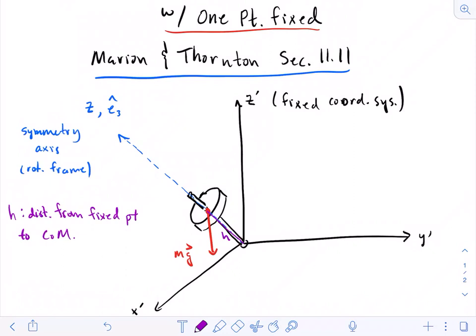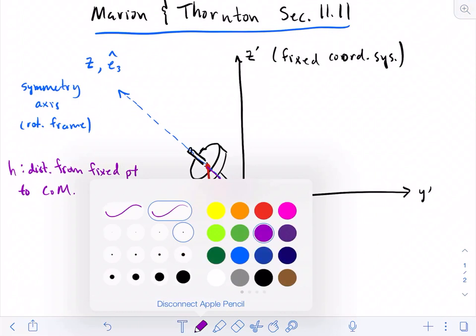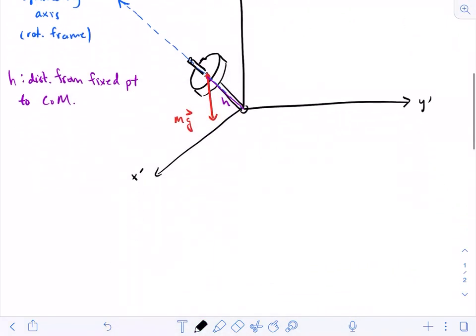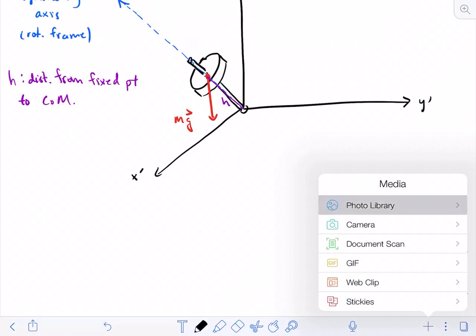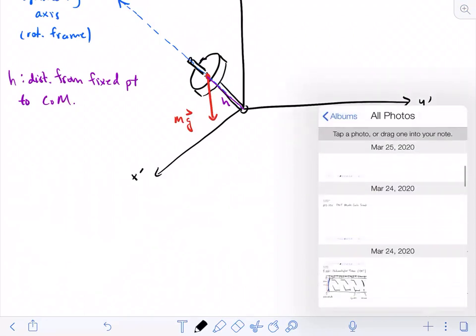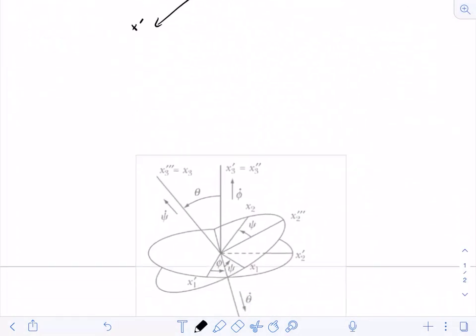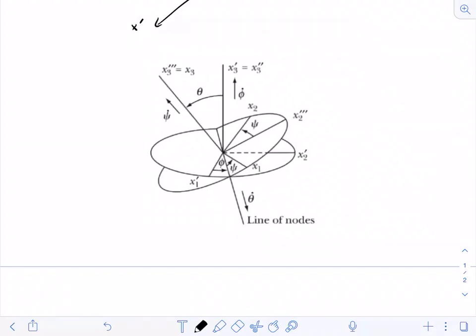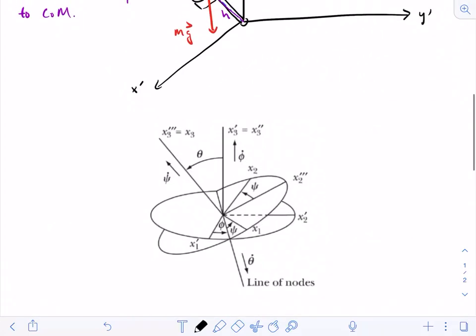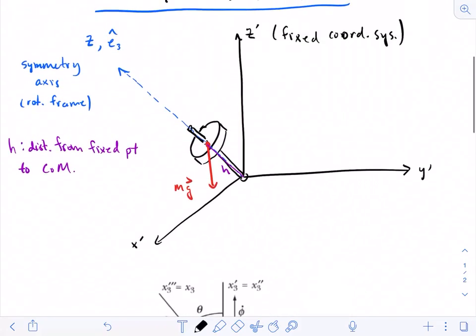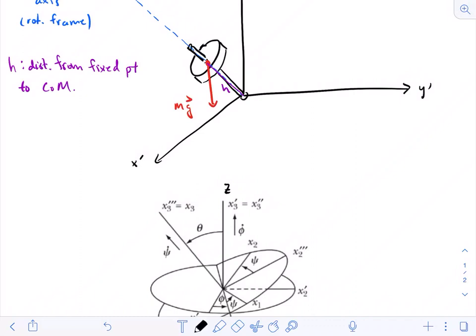If you recall, we had a picture of Euler's angles, and maybe I should just bring it up here. Our favorite picture, which I'll bring up at least one other time in this video. What I wanted to highlight here was that our x3 prime corresponds to our z prime axis, and then x3 corresponds to our z-axis, and the Euler angle theta is the angle between these two axes.